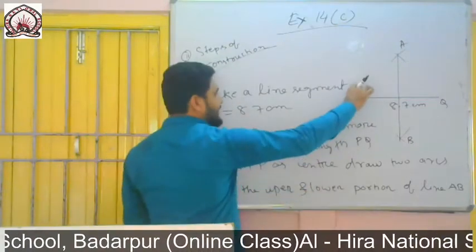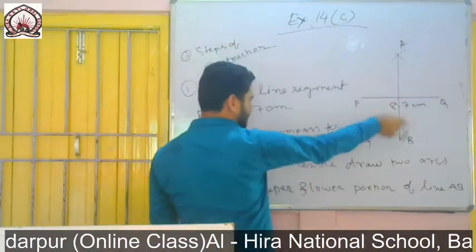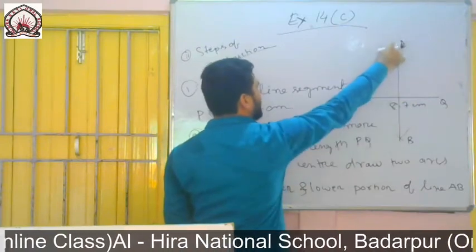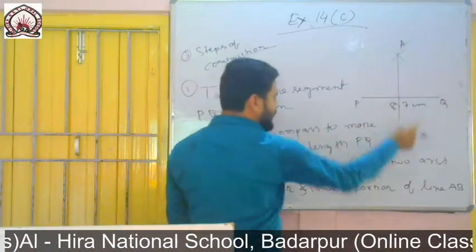That means taking P as center, you draw two arcs like this. One is on the upper portion of PQ and another is on the lower portion of PQ.